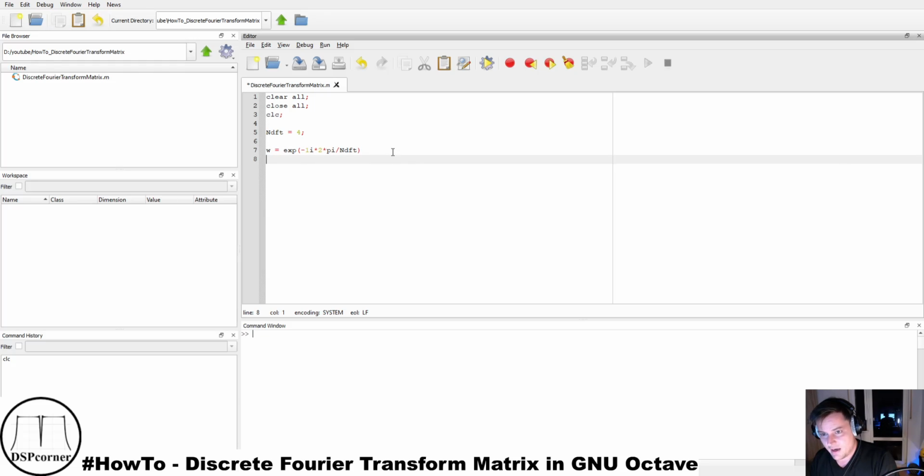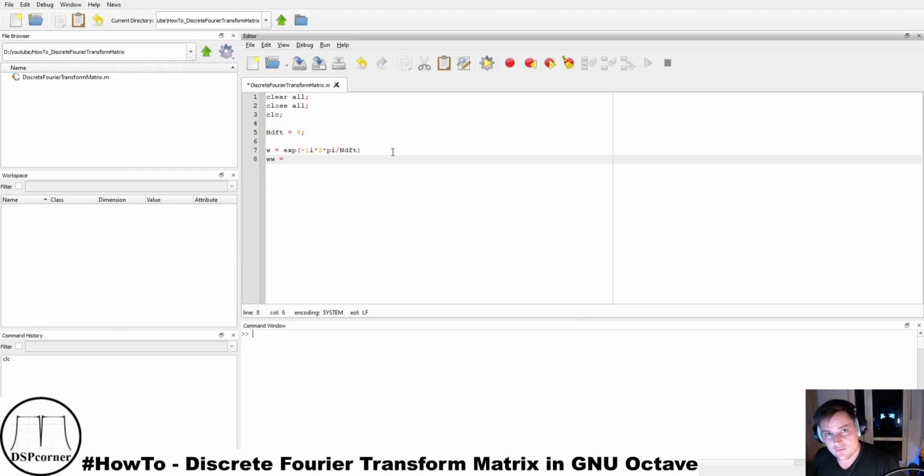So, with this nth root of unity or 4th root of unity, we have to create a matrix, just a helping matrix, which has the dimension n times n. So in our example, 4 rows and 4 columns.